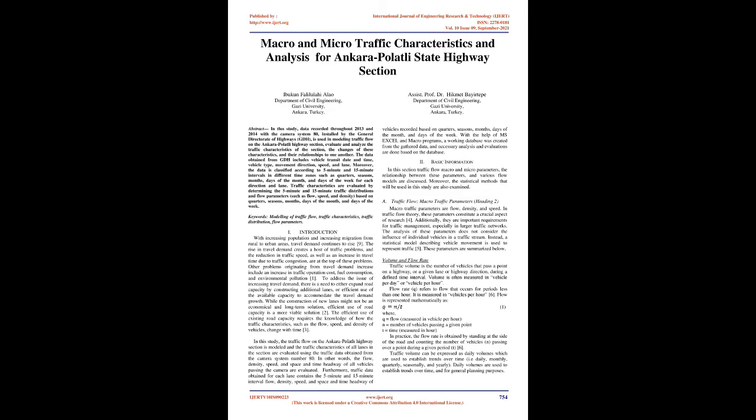Traffic characteristics are evaluated by determining the 5-minute and 15-minute traffic distributions and flow parameters, such as flow, speed, and density, based on quarters, seasons, months, days of the month, and days of the week. Keywords: modeling of traffic flow, traffic characteristics, traffic distribution, flow parameters.